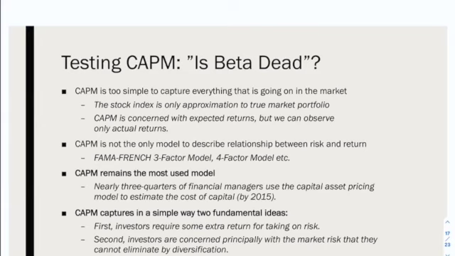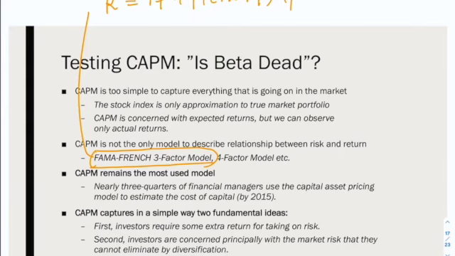And people have factored these two additional factors into another really popular pricing model, which is the Fama-French three-factor model. The Fama-French three-factor model basically tells you that expected return equals RF plus the first beta, which is still the beta for CAPM on market risk premium.